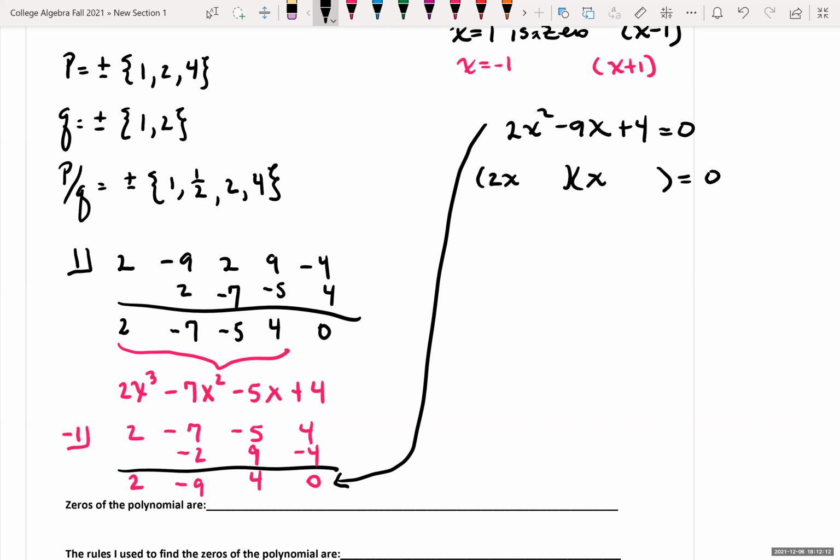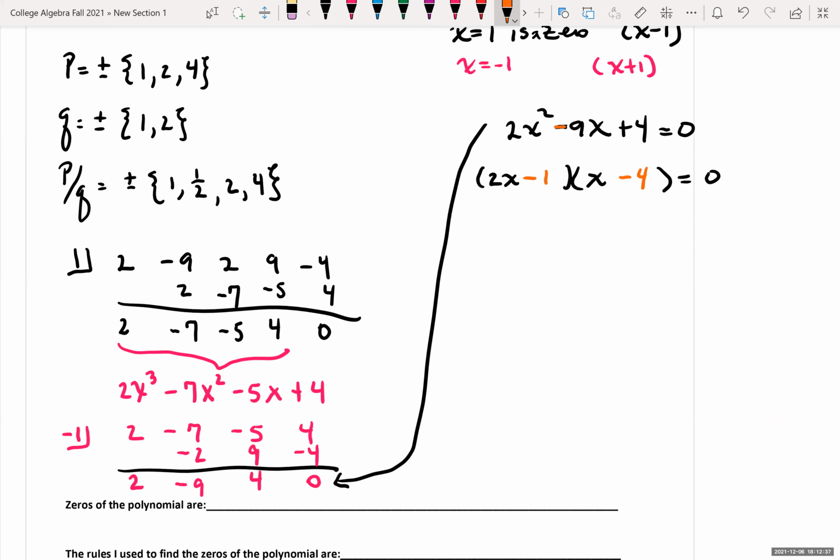So two things that multiply to give me 2x squared are 2x and x. And I need two numbers that are going to multiply to give me 4. And so how about 2 and 2? No, actually, how about 4? I notice that this is negative, so they both need to be negative. So how about -4 and -1?